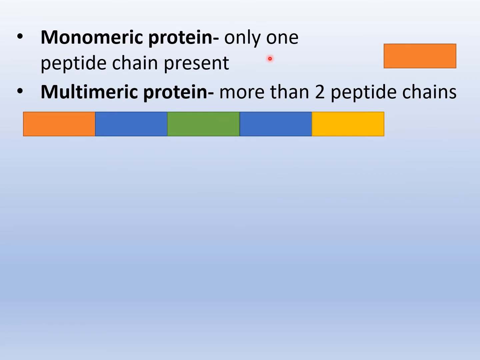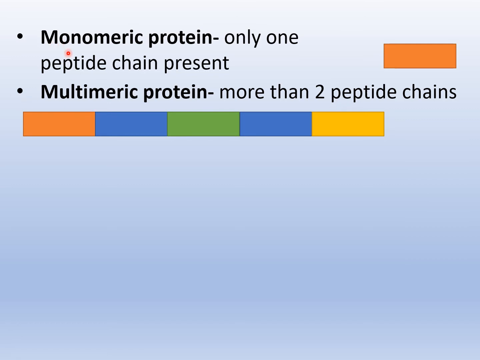Monomeric protein basically has one peptide chain present. So basically, amo ni mga proteins nga mga gagmay masyado nga proteins. Monomeric. When we say multimeric proteins, basically they have two or more, more than two peptide chains connected to one another.